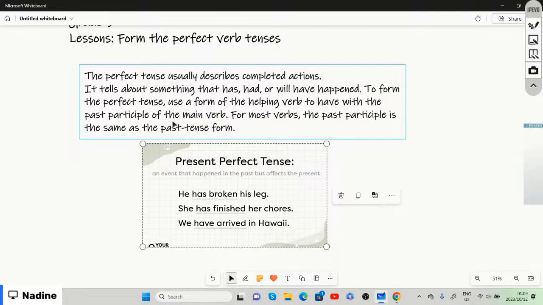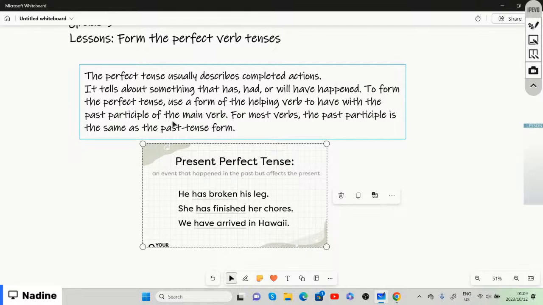And here we have an example at the bottom of the present perfect tense. The present perfect tense is an event that happened in the past but affects the present.